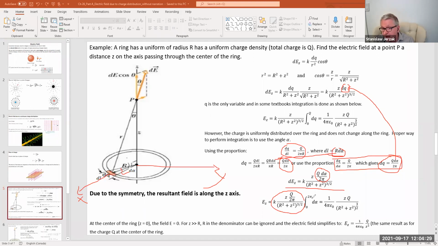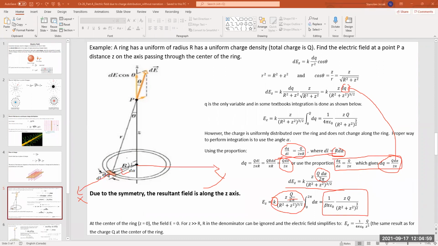And then you substitute upper limit, which is 2 pi, minus lower limit, which is 0. So this 2 pi and this 2 pi will cancel. And then the final result of electric field due to the ring is given by this expression, where instead of K, I have written 1 over 4 pi epsilon naught. Okay, and then you have Z times Q divided by R squared plus Z squared to the 3/2.